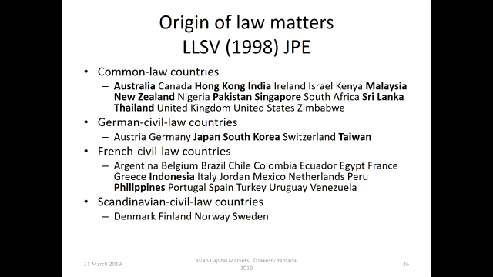And French civil law countries, again, if you go back in history, many of them are former colonies of France. So they have inherited the French civil law system. And the last group is the Scandinavian civil law countries, which is Denmark, Finland, Norway, Sweden. Okay. So they have classified these legal systems.